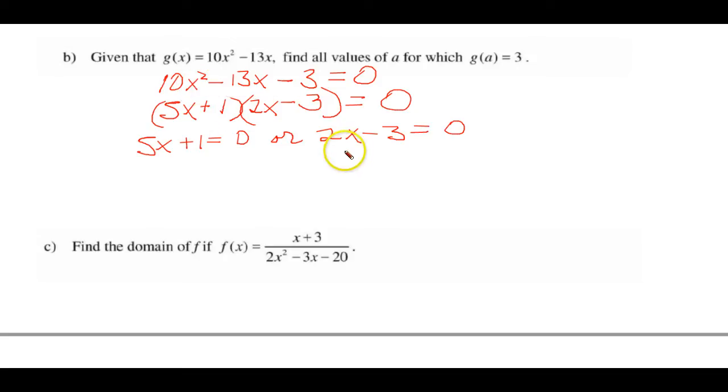Now again, as we prepare for the exit exam, the work that you show is going to be super critical, because without the work, you don't get credit for your answers. So this transposes to a negative 1, and then divide by 5. So negative 1/5. This transposes to a positive 3, divide by 2, a positive 3/2.